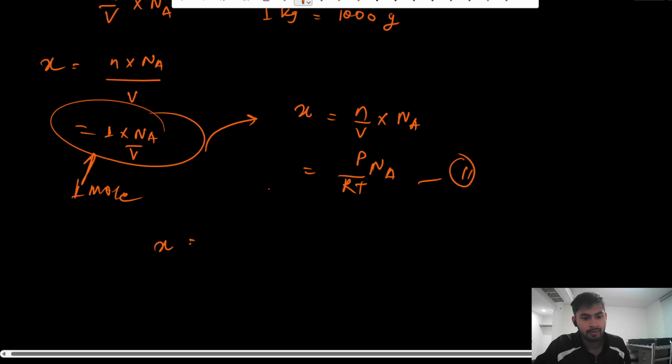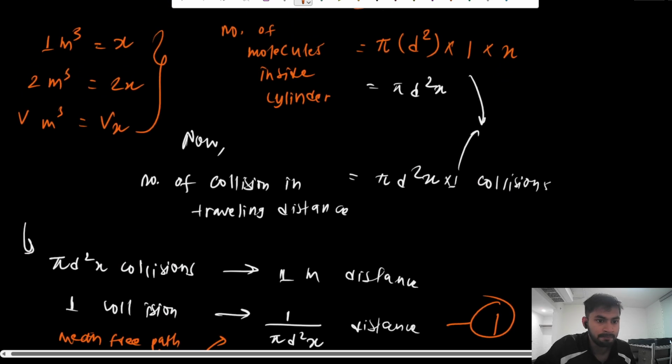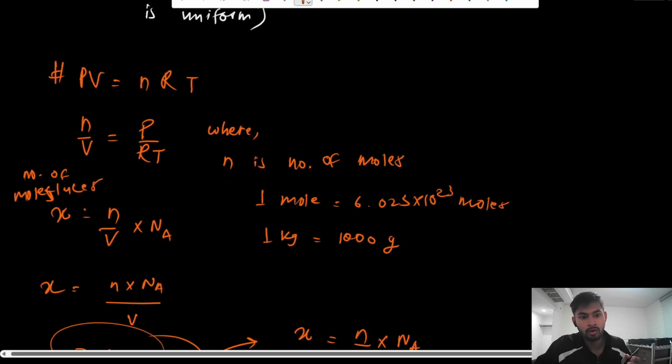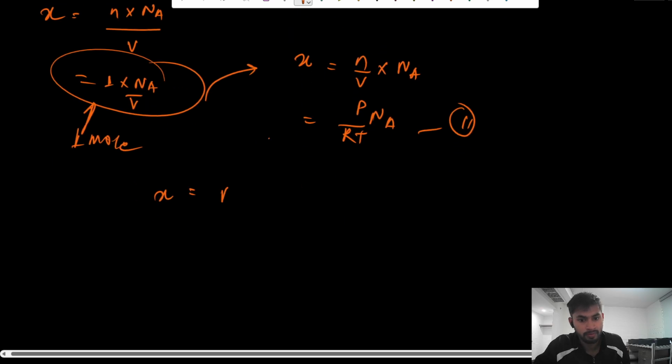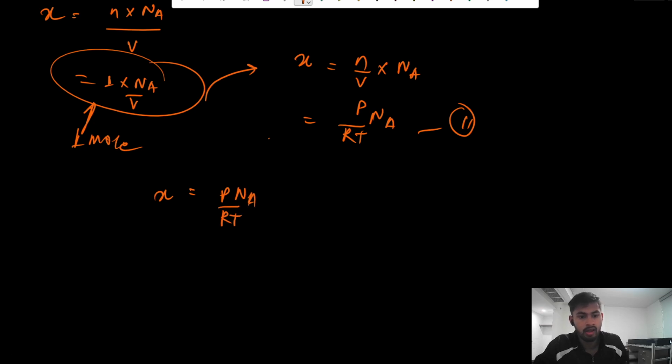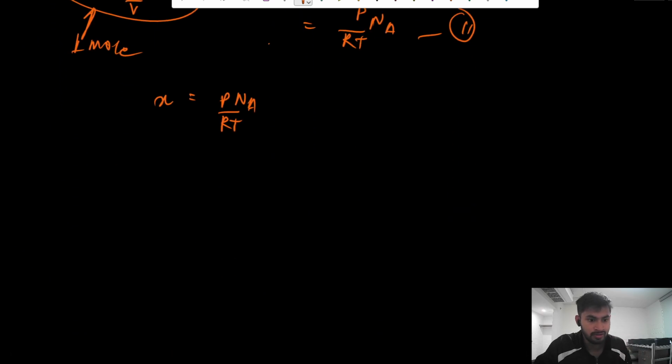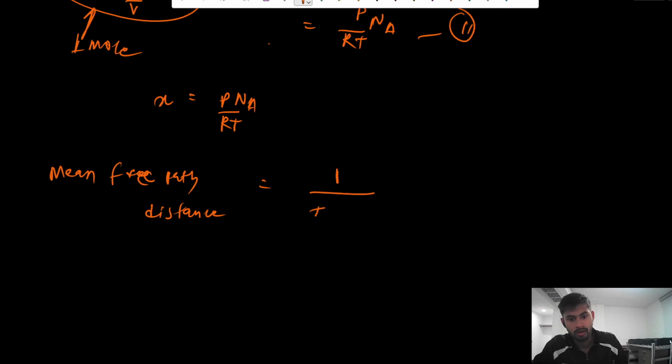So x, sorry, which is molecules per unit volume in cylinder, in terms of PV equals nRT, would be P Na by RT, and we also know that the mean free path distance is 1 by pi d squared x, which is one collision distance.